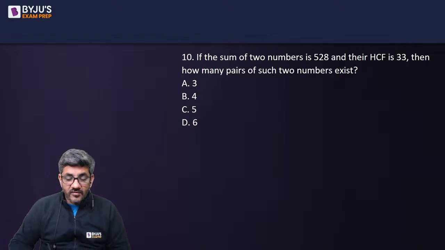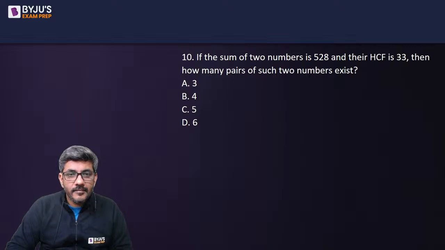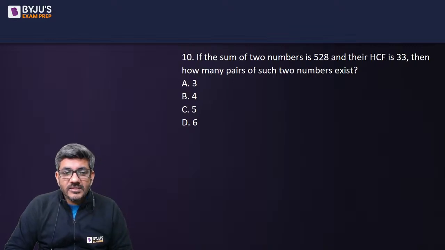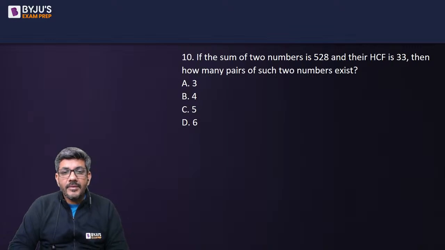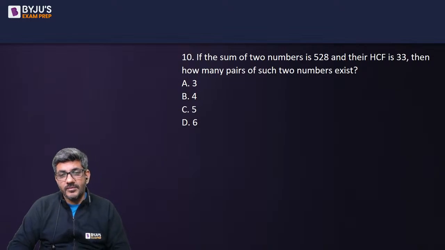The sum of two numbers is 528 and their HCF is 33. Then how many pairs of such two numbers exist, whose HCF is 33 and sum 528?